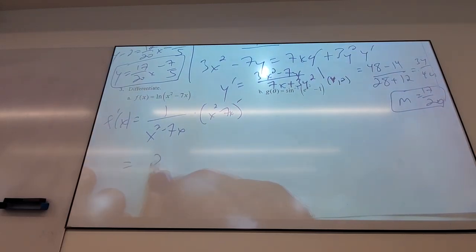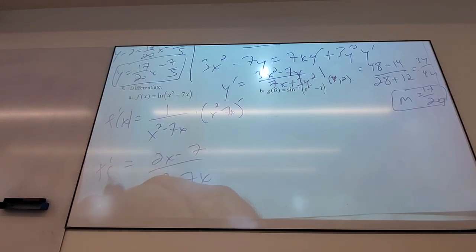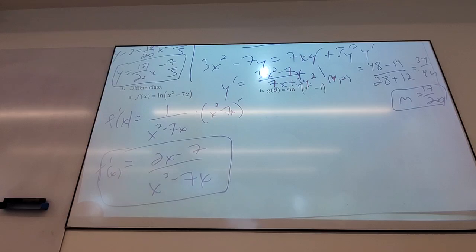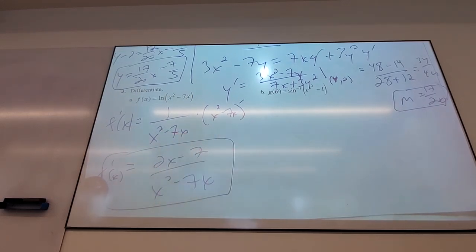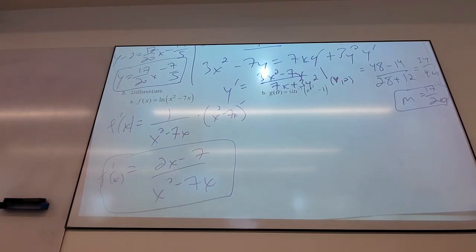So it'll be 2x minus 7 over x squared minus 7x. Is that all right? The book writes it as g prime of x over g of x, which is dumb, because it's not a new rule, it's just chain rule. So I don't like it when a book makes it seem as if it's a new thing. No, it's just chain rule, that's all it is.